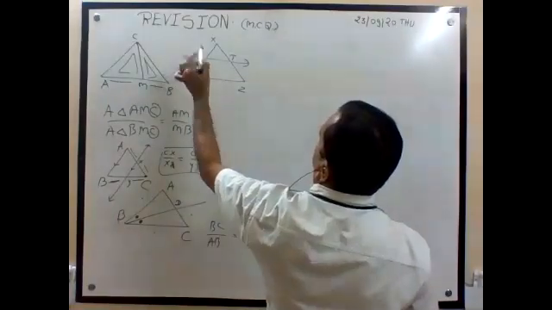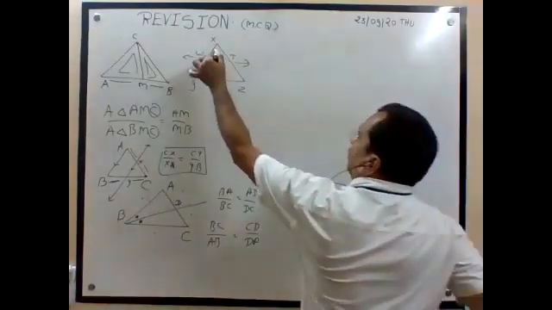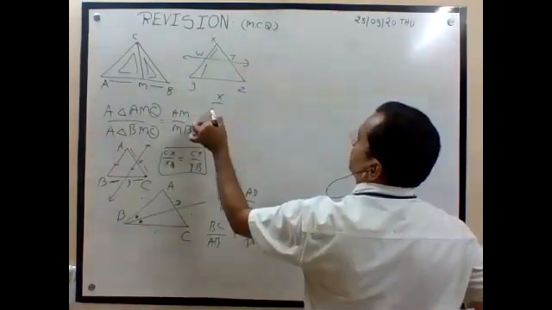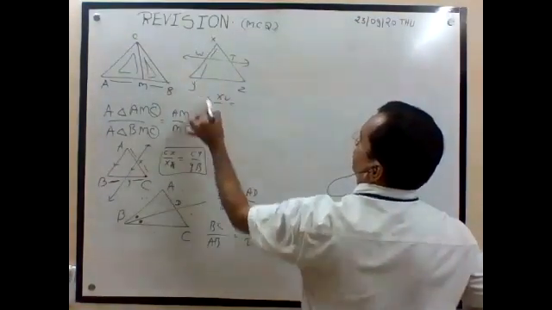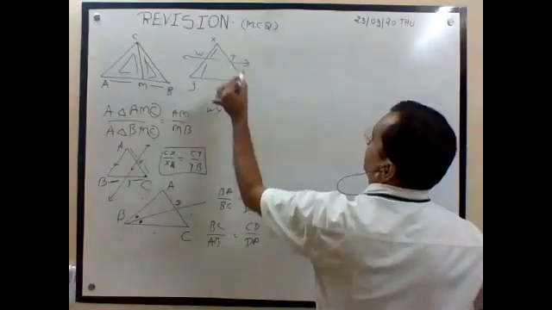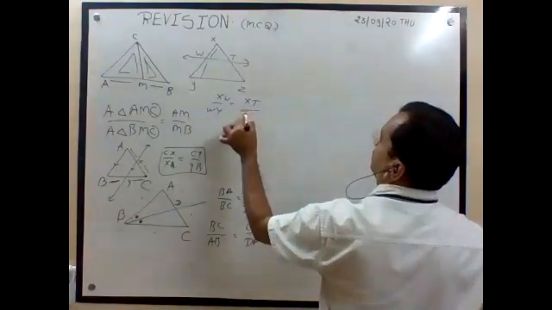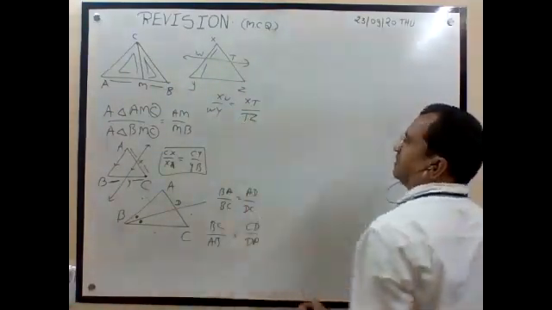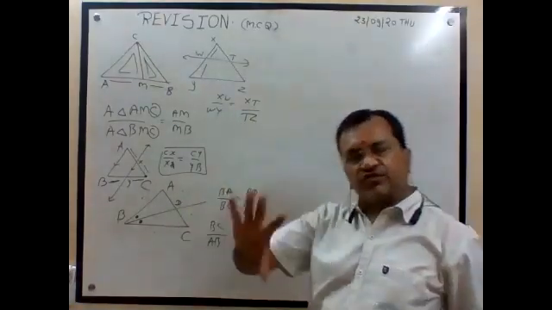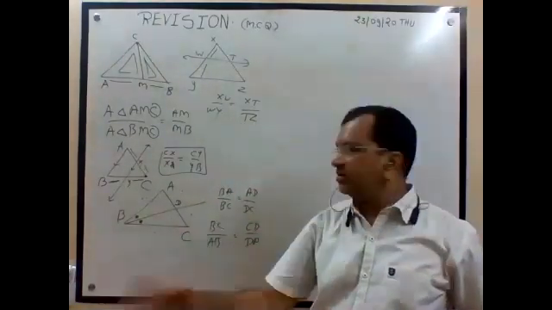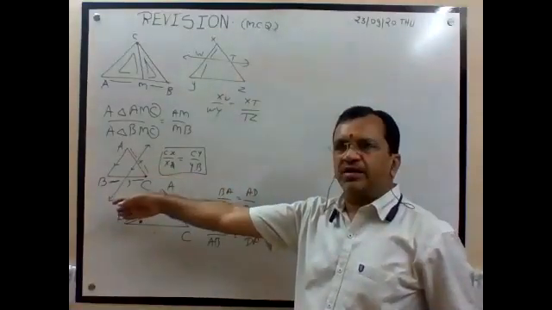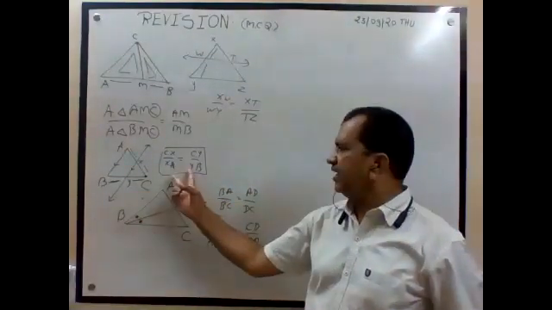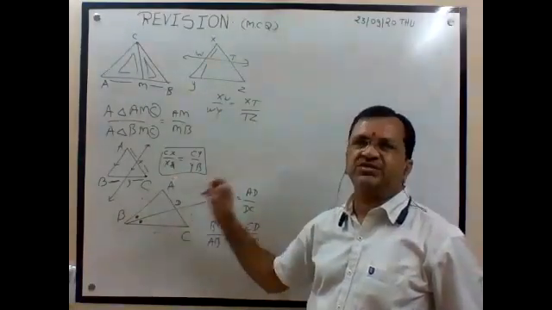XYZ, WT it is given. And already given first by second, XW by WY, XT by TZ. This is given. So from that, what can we conclude? In a BPT, if lines are parallel to the side, then these ratios are equal.